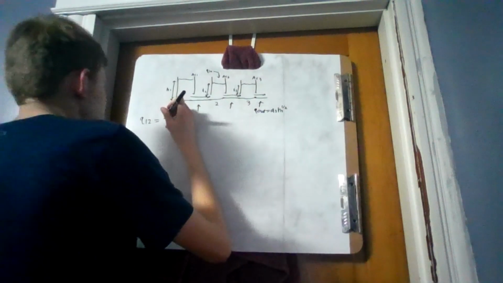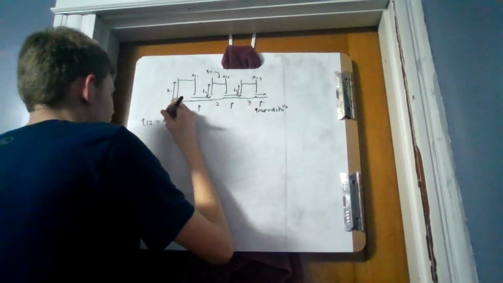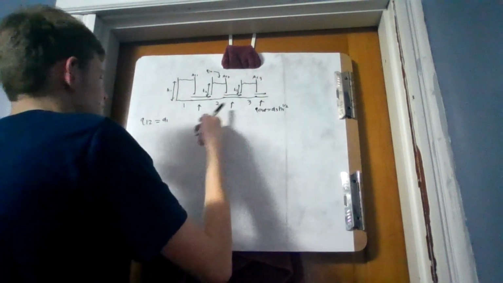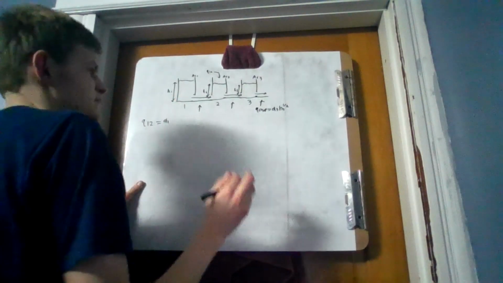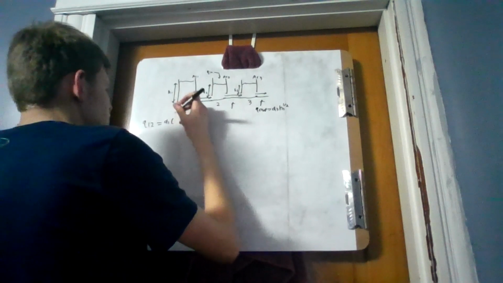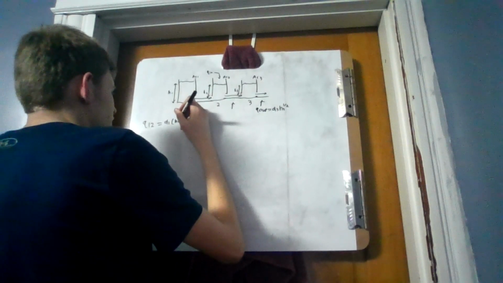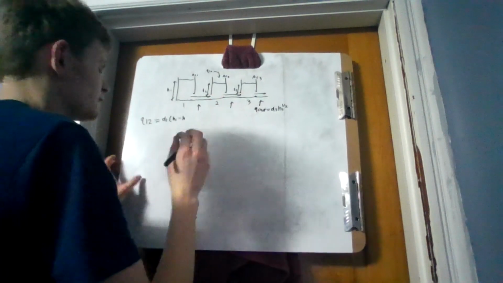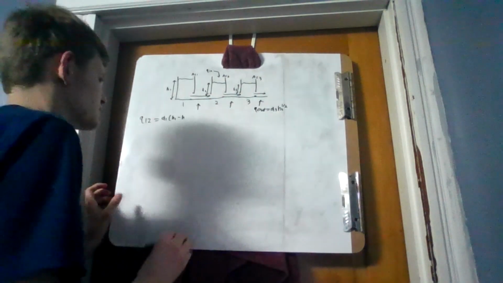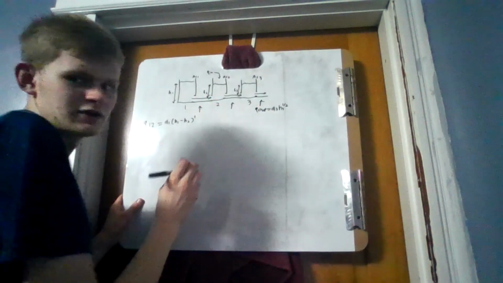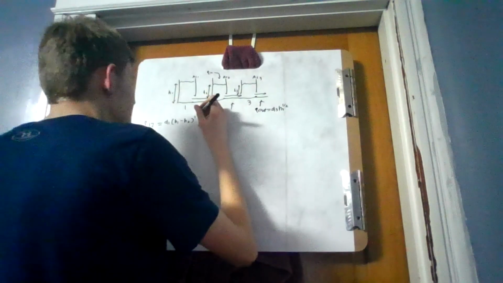So we can set this original alpha value for tank 1 to 2 as just alpha 1, since we're going to have another alpha value for the second tank. And we assume that's going to be our fluid height of 1 minus our fluid height of 2, to the square root. I apologize if I wasn't saying fluid height throughout all of that.